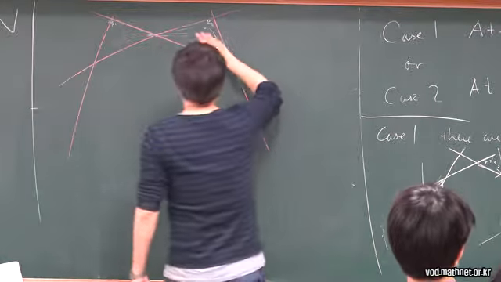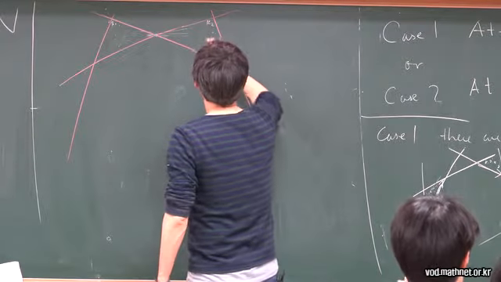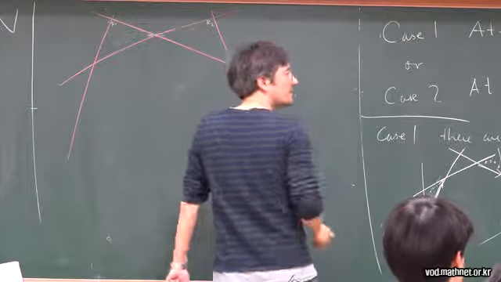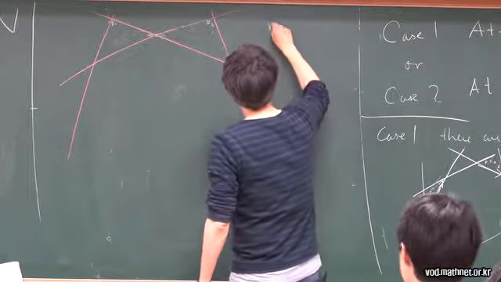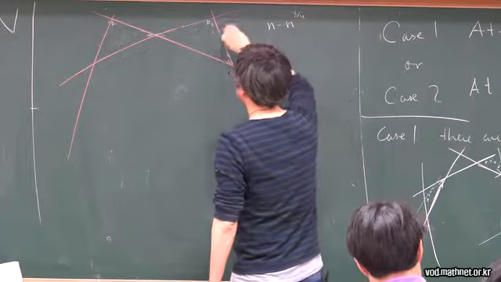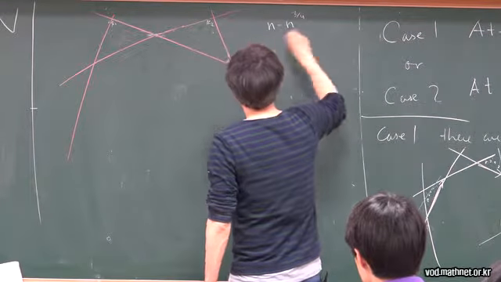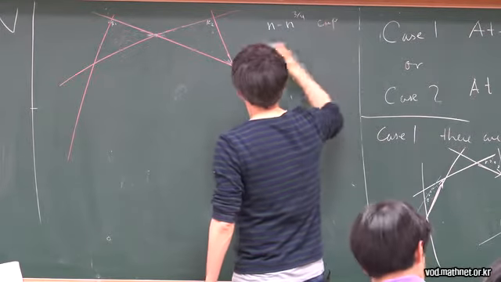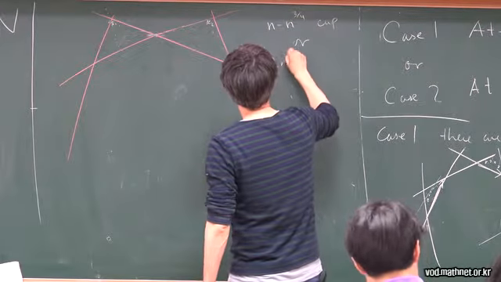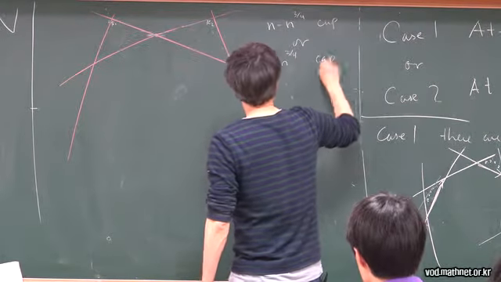Okay, now I go to the next region. So in this region, there is either an n minus n to the 3/4 cup, oriented from here, or a 2n to the 3/4 cap.